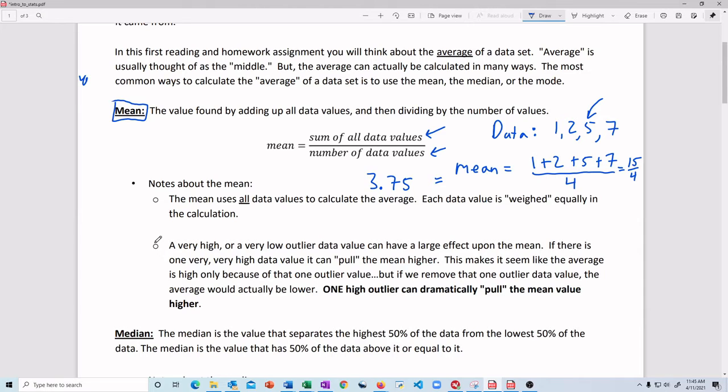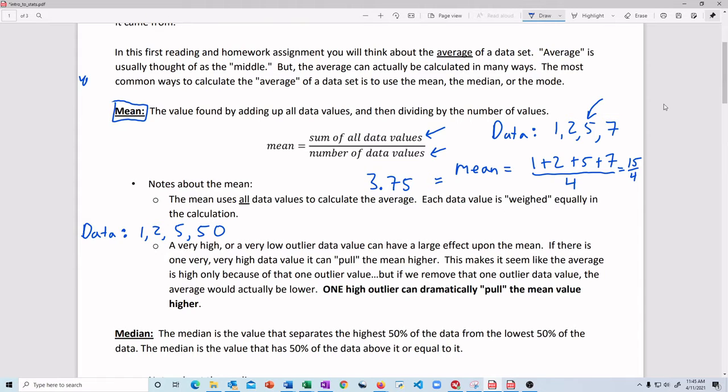So watch what happens, and now that you've seen the mean done, try yourself. Pause and try. Let me change my data now to this: 1, 2, 5, 50. So here's my new data.